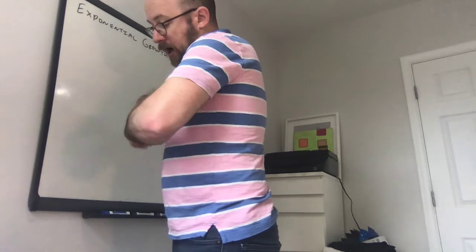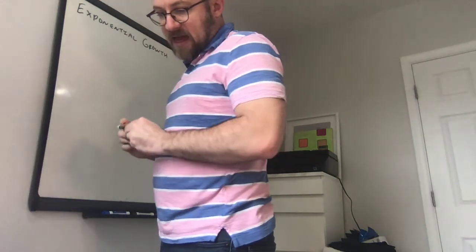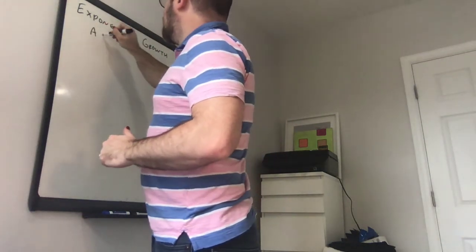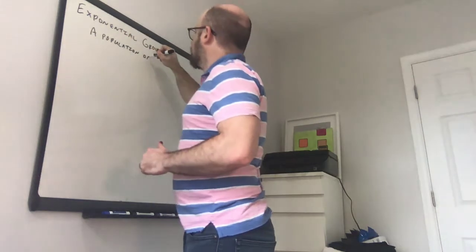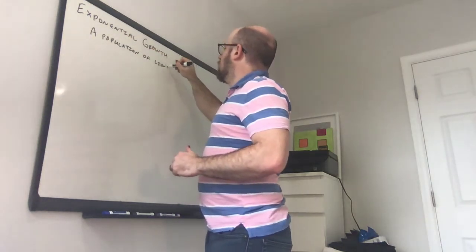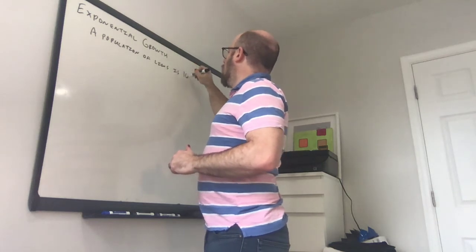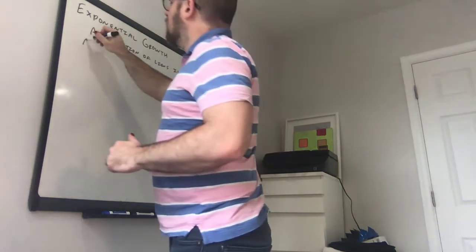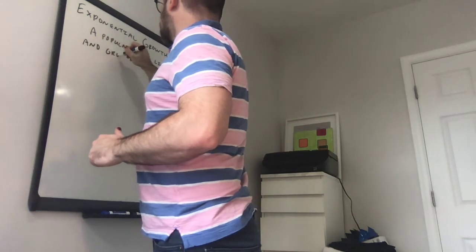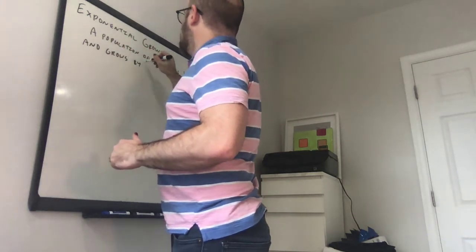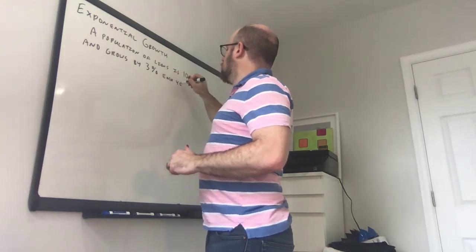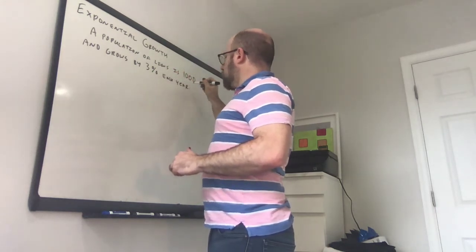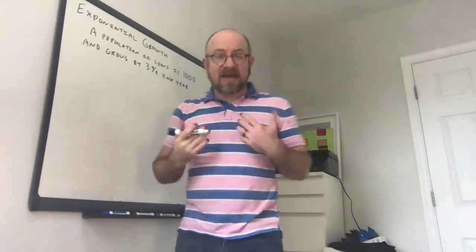So let's say that the population of lions is 1,000 and grows by 3% each year. So this is exponential growth.